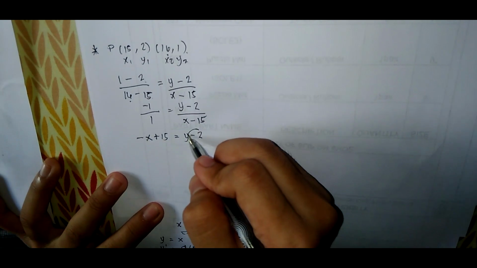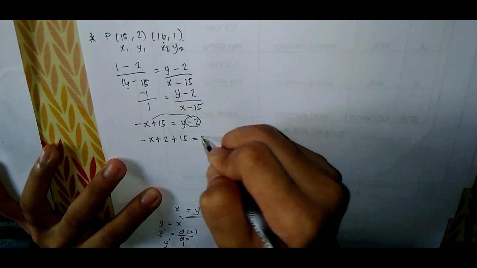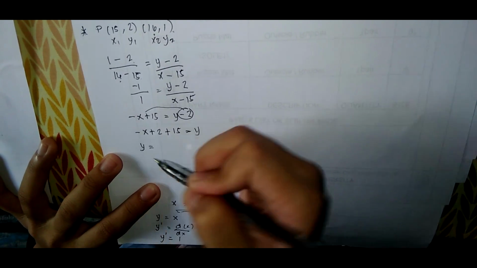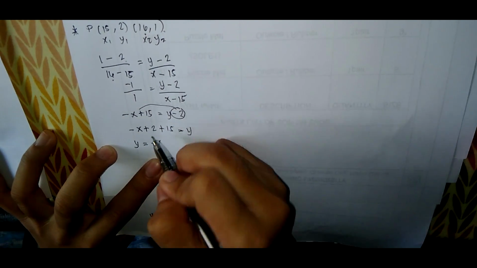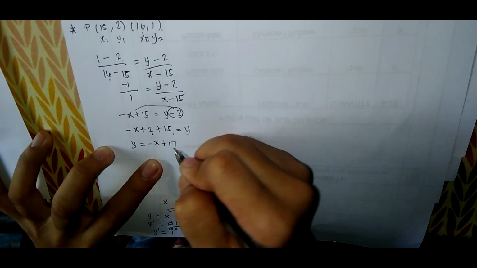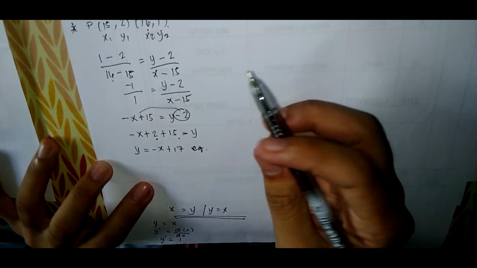Then transpose the negative 2 to the other side. Negative x plus 2 plus 15 is equal to y. So magkakaroon tayo na y is equal to negative x plus 2 plus 15 is equal to 17. Then, ito na yung equation ng curve natin.